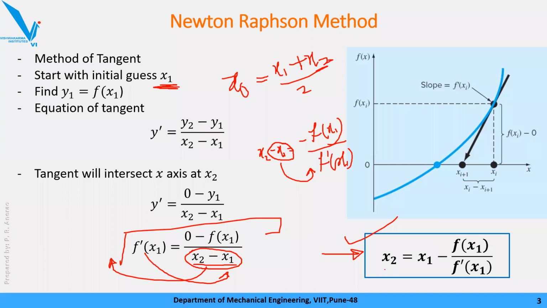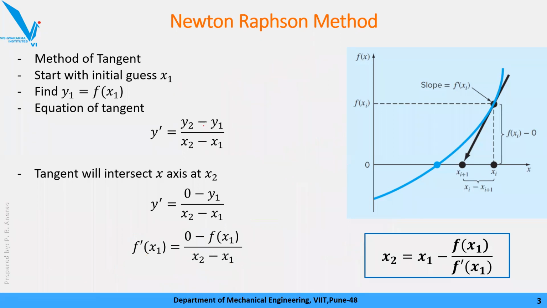You will get some value of x2. You will use that value of x2 again in the procedure, and it will be repeated until you hit the stopping criteria. So this is the Newton-Raphson method. I hope you understood the method. You will have better clarity when we solve the numerical.